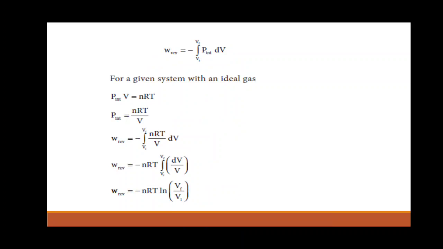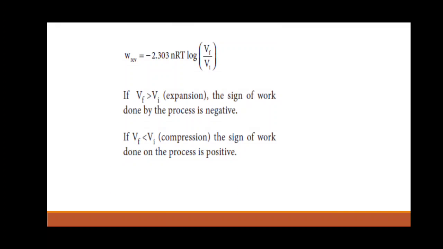So dV by V, after integration we can get ln V. After applying the limit, the reversible work equal to minus nRT ln Vf divided by Vi. Now ln equal to 2.303 log. Just substitute the value. The reversible process work equal to minus 2.303 nRT log Vf divided by Vi.